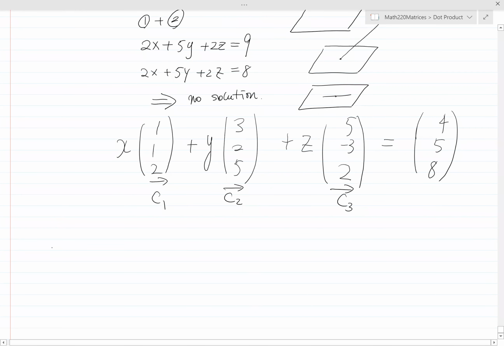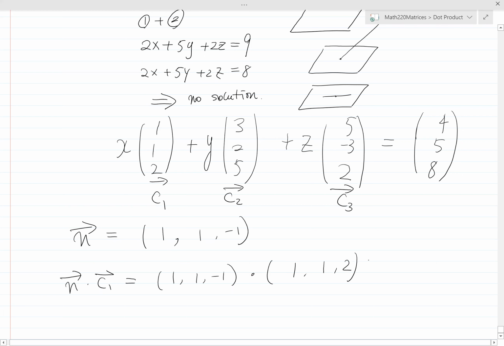Why? Because if you take n to be 1, 1, -1, you see n dot product with C1, which is 1, 1, 2.